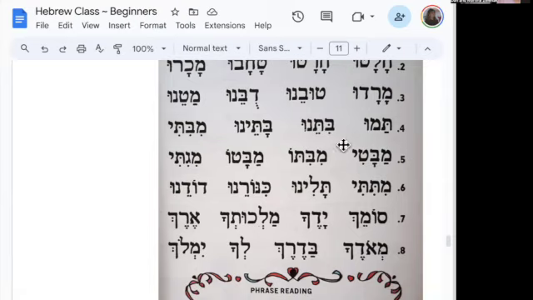Tamu. Bitenu. Batenu comes from the word bait, our house. Whenever it ends with nu, like bitenu, matenu, tuvenu, it is plural.